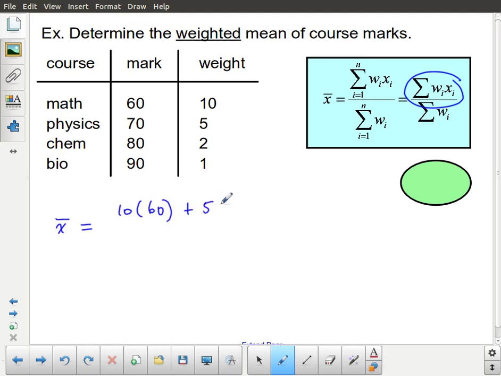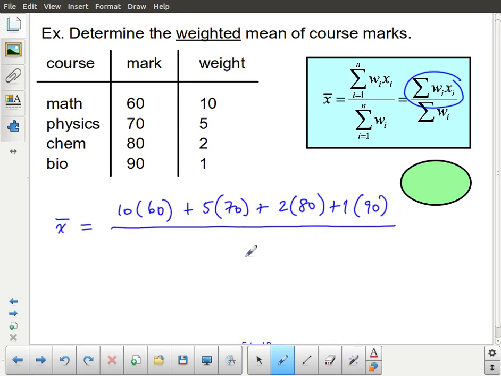Plus, there's a weight of 5 times 70. Plus, a weight of 2 times 80. Plus, a weight of 1 times 90. And then I have to divide that by the sum of all the weights, which is 10 plus 5 plus 2 plus 1.